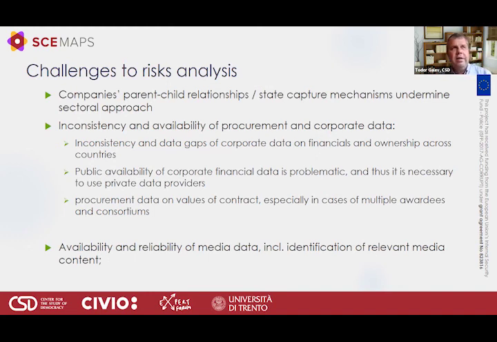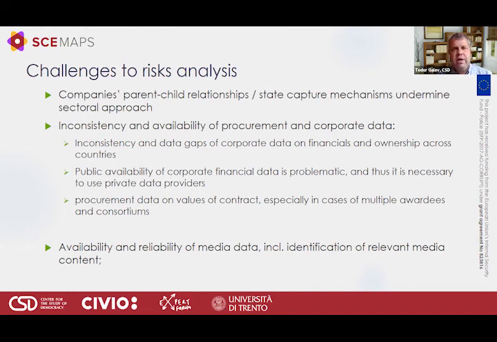No, the state capture mechanisms that are used by persons controlling groups of companies are used to benefit all the companies in the group, to extract as much public funding as possible.